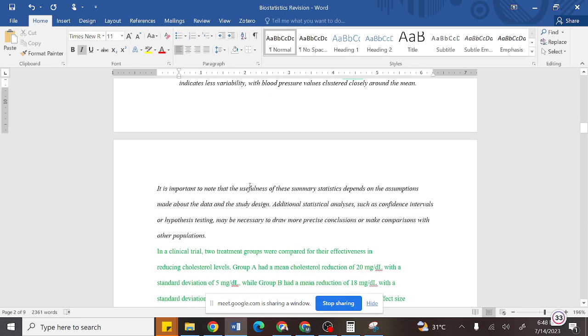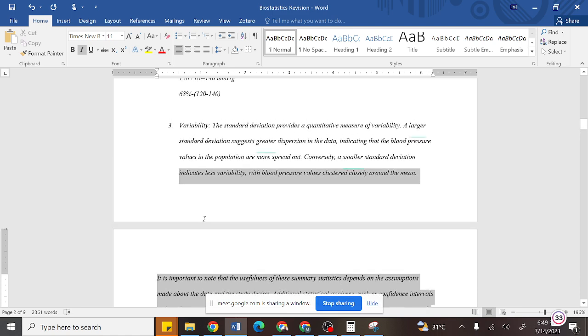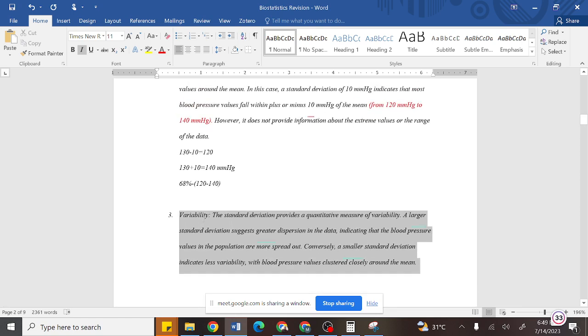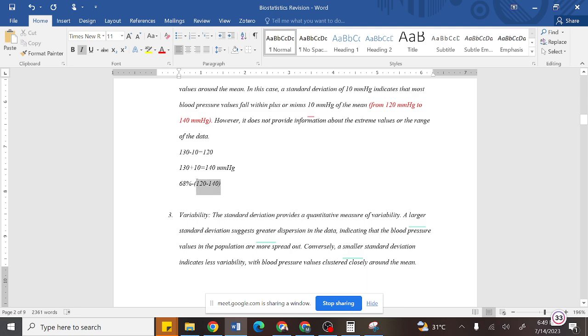This information is very important in statistics, because you can make a number of assumptions and then be able to make decisions on what you need to do. So it can allow you to know what you need to purchase to be able to capture the blood pressures of this range.